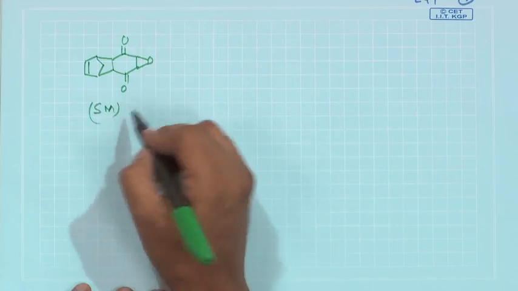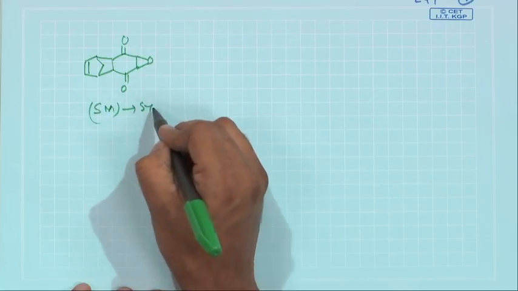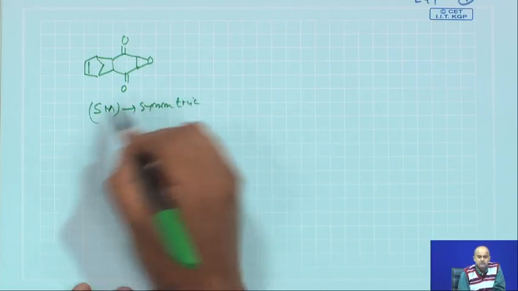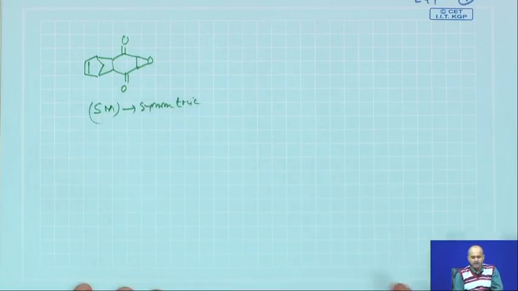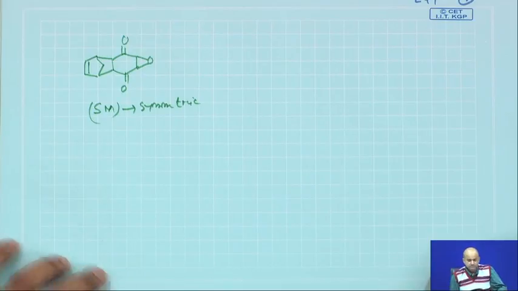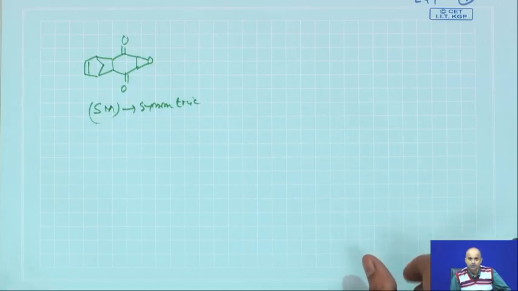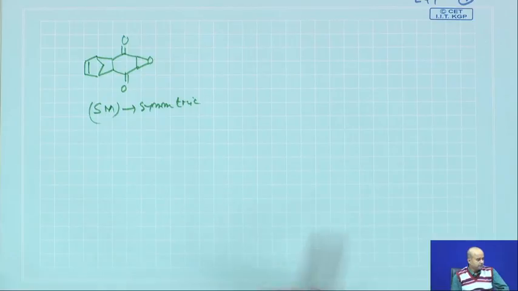This is a symmetrical molecule. Now, in principle as I said, you can do a single step transformation, you can do a multiple step transformation. But sometimes if there is a very key transformation available which people often use, which is very unique, we will try to use those transformations.